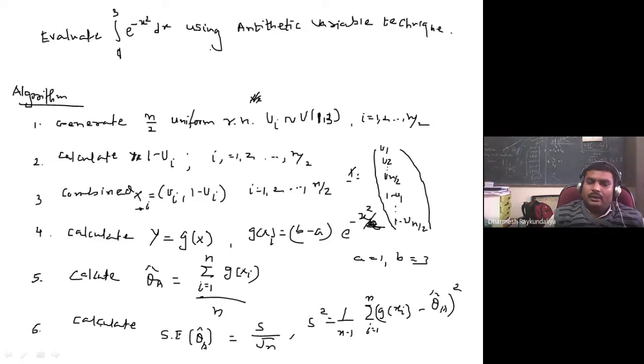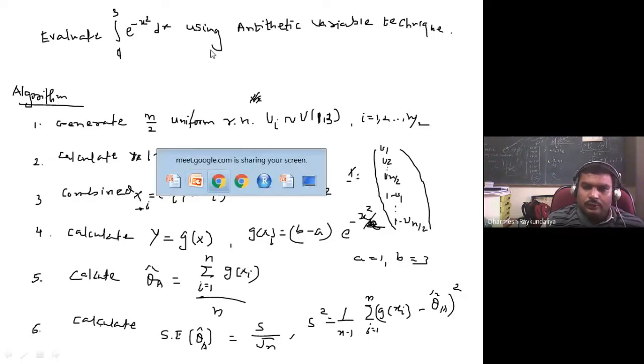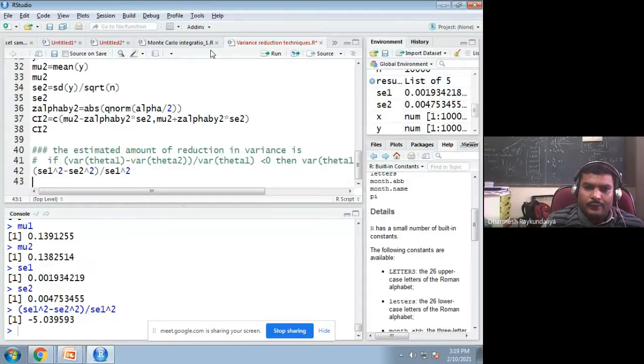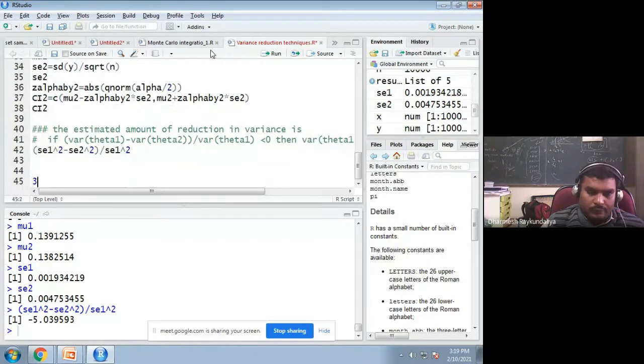Then I combine both ui and 1 minus ui for i running from 1 to n/2, so that in the combination I have n observations. Then I can calculate g(x). g is nothing but the function e raised to minus x square, but because I am generating from uniform, it has (b minus a) e raised to minus x square, and then I can calculate their average and then standard errors.